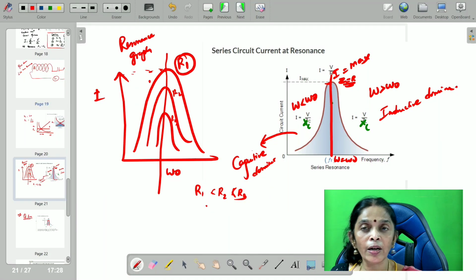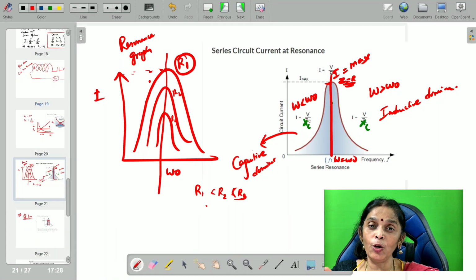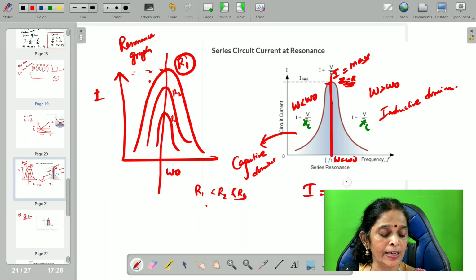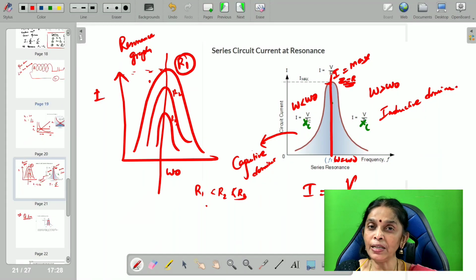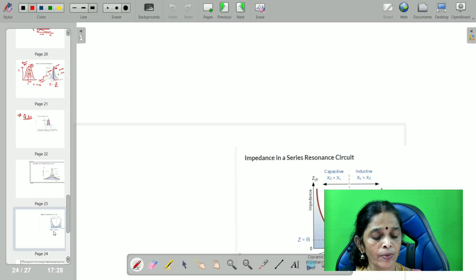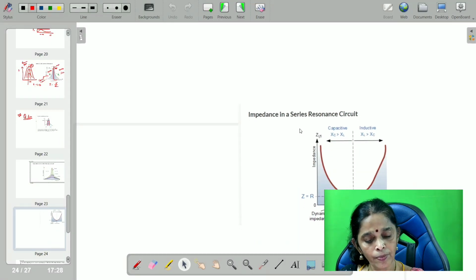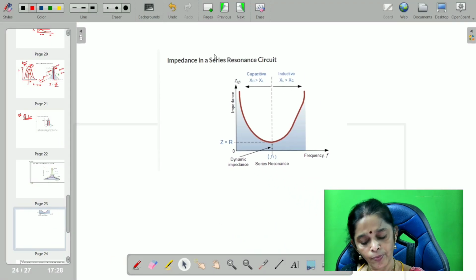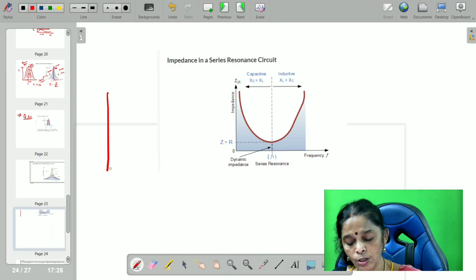That is current versus omega. Now if I give you impedance, because I is equal to E by Z, the impedance is the reciprocal. So therefore you can check here, this is an impedance graph, just the opposite.